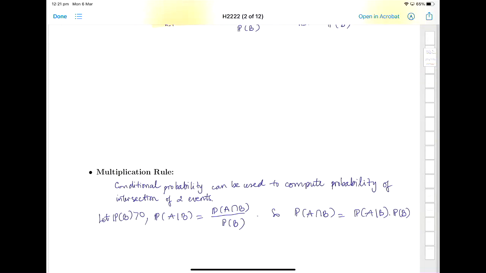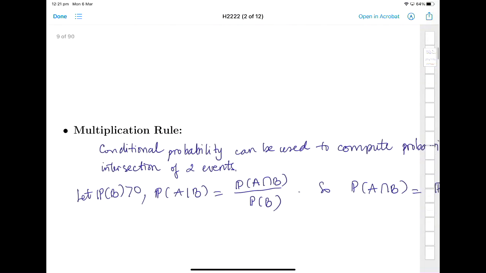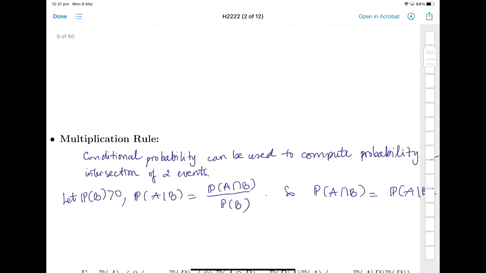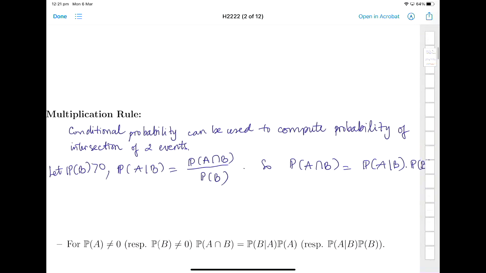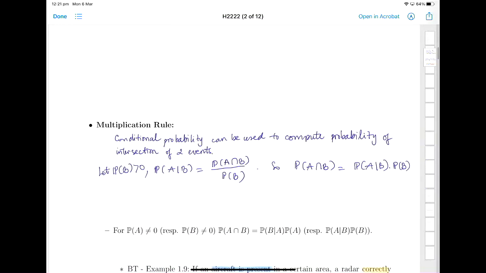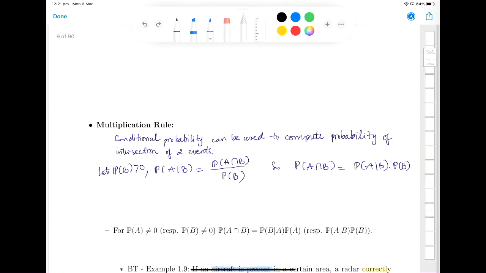Okay. So now we go to the property of conditional probability, which they call the multiplication rule. From the definition of conditional probability, we can use it to compute the probability of the intersection of two events, right? So this is the definition of conditional probability for a given set B with probability different from 0.